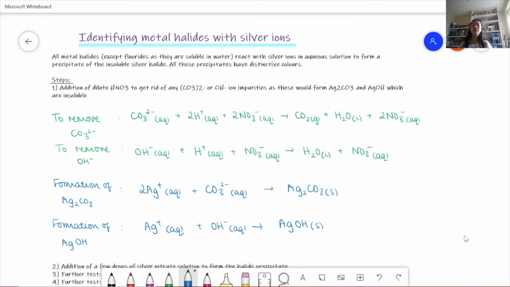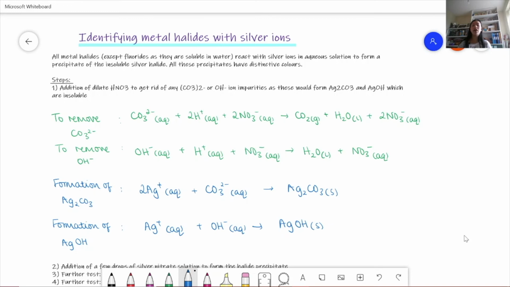And then to remove the hydroxide ions, they react with H+ and nitrate to form water and nitrate ion. And again, the nitrate ion is a spectator ion because it doesn't actually do anything in the reaction.